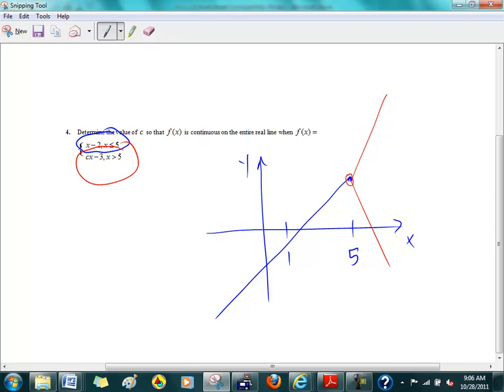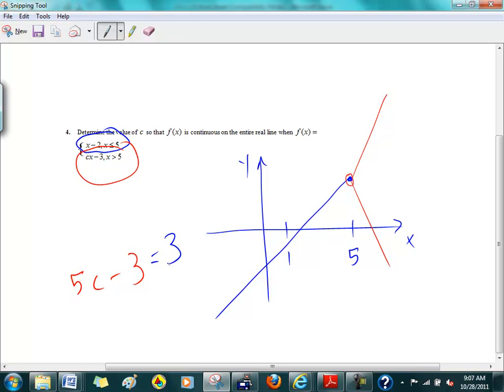So what do you get? Did you just get 5c minus 3? You're plugging in 5 for x? Yes? Now for the blue one, Leo, what do you get?